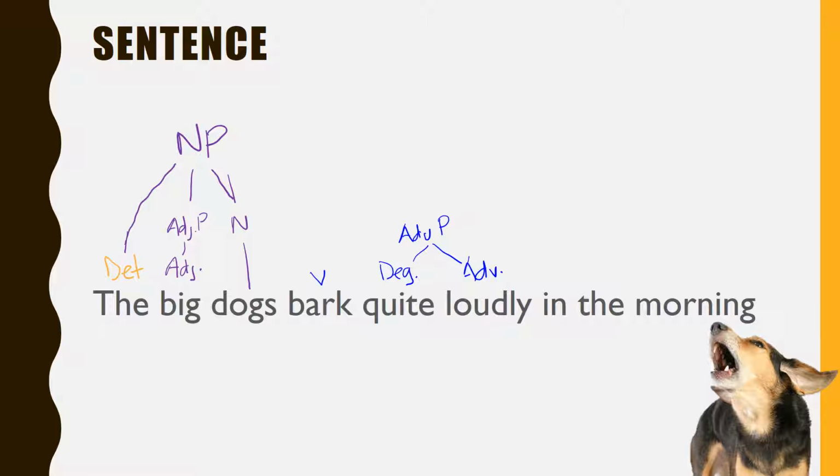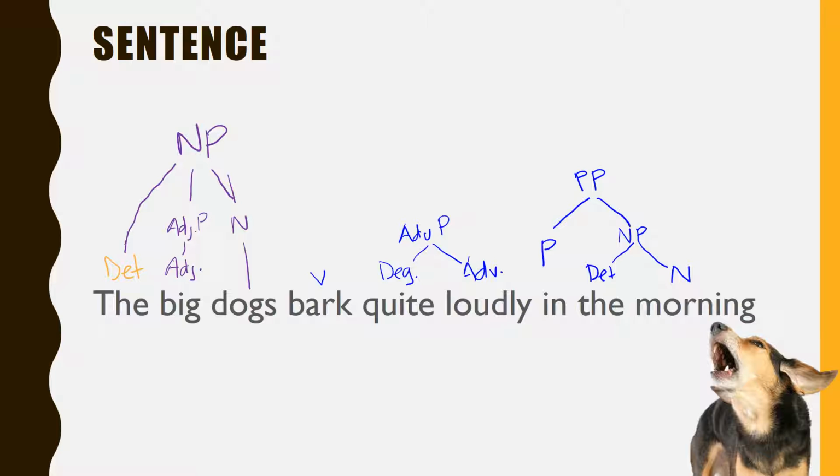Then I have in the morning. This is telling me when the action is happening, but this is a prepositional phrase. So in this prepositional phrase, I have my preposition. I have a determiner, but this determiner depends on the noun. So these two are a noun phrase, and at the same time, the preposition and the noun phrase are a prepositional phrase.